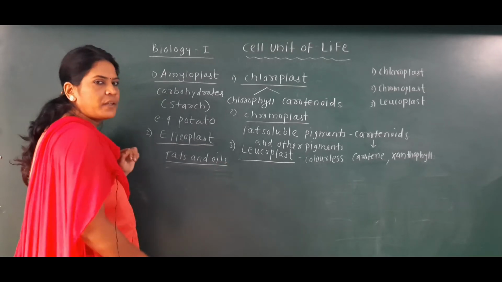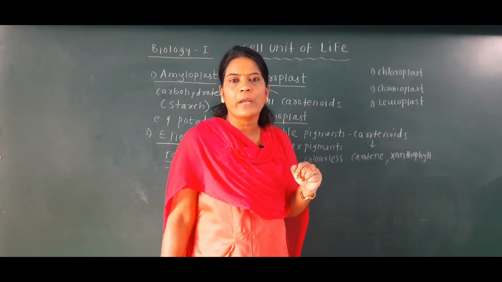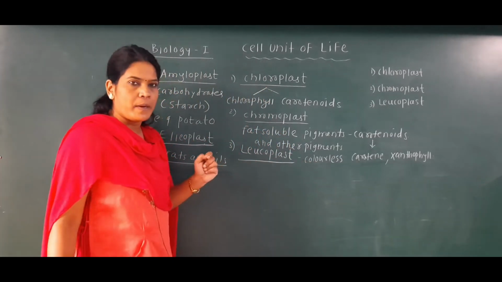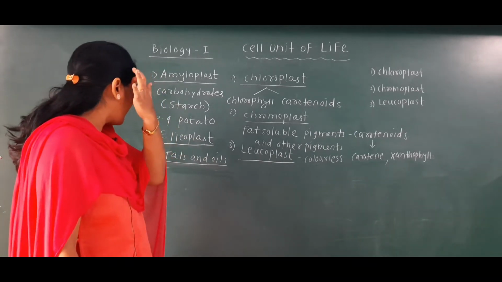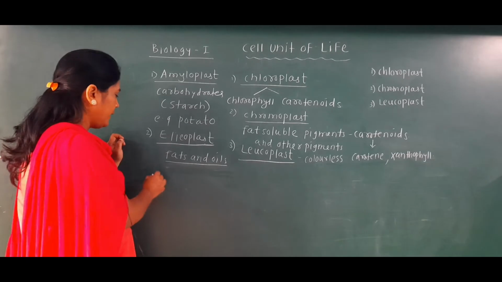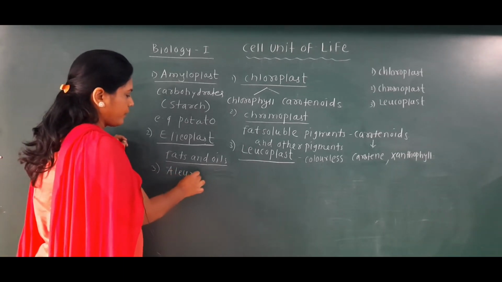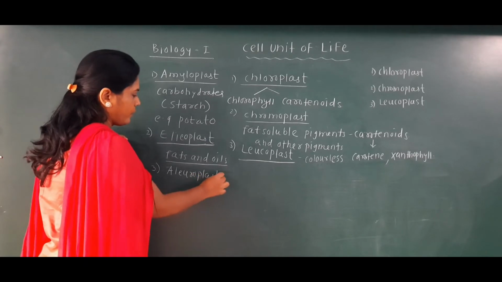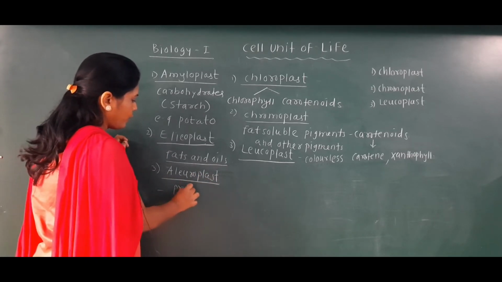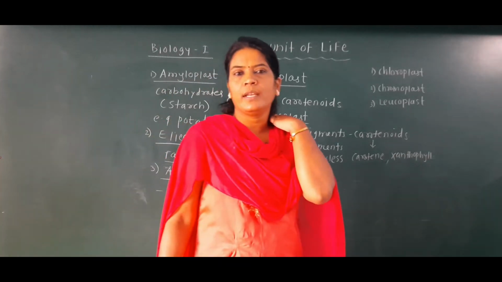So fatty substances and oils get stored in this type of leucoplast. And the third type of leucoplast is called the aleuroplast. It stores protein material.